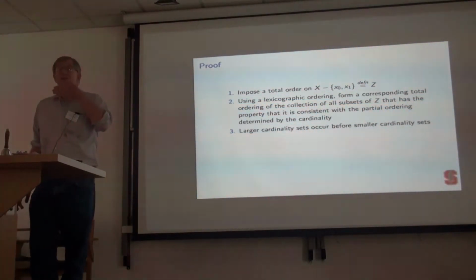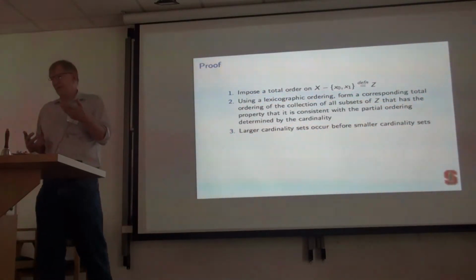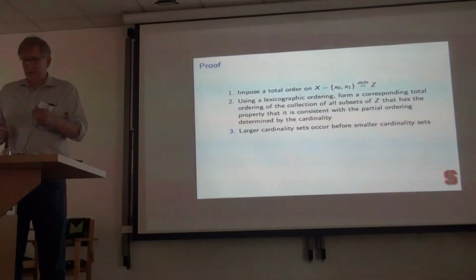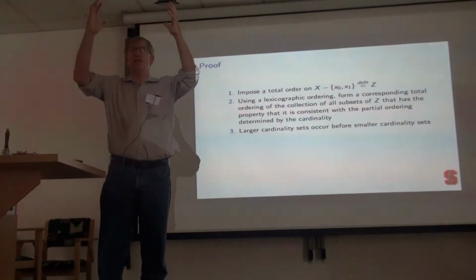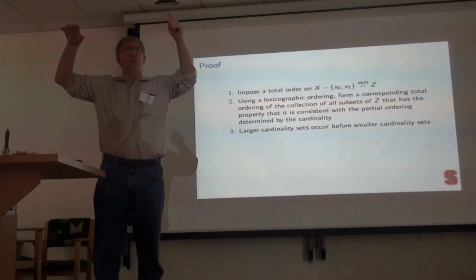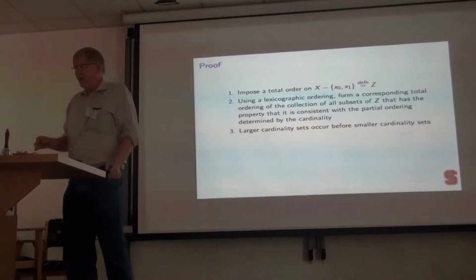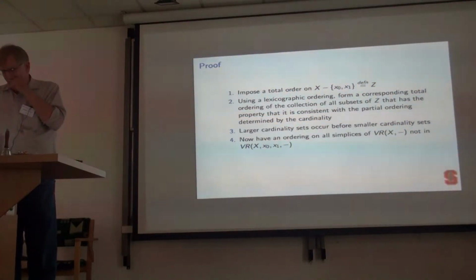So I'm going to insist that larger cardinality subsets occur in this ordering before the smaller cardinality ones. The idea is I take the biggest set first, and then I have a way of choosing which one of the next down cardinality I choose, and I just work my way through. This is really a bookkeeping exercise.